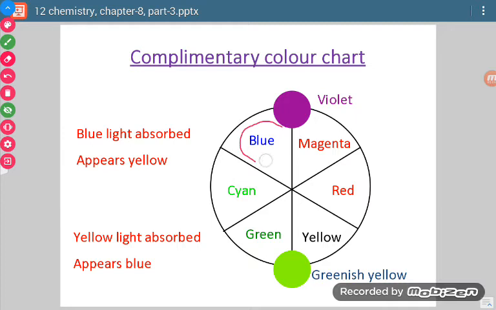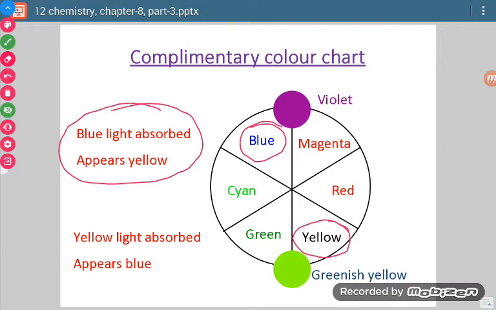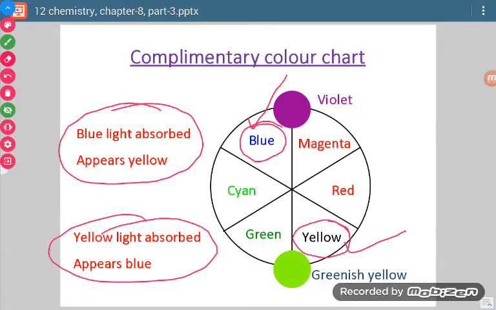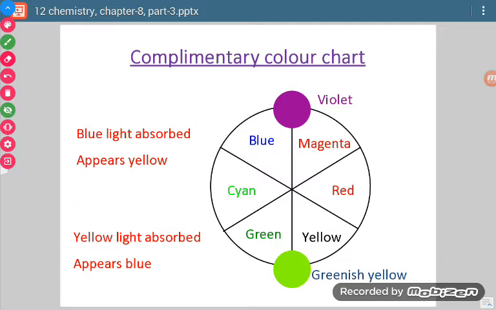Now see, this is the chart. If you can remember this, that will be wonderful. If blue light is absorbed by a substance, what color will we see? We will see yellow. Blue light absorbed appears yellow, and if yellow light is absorbed, it will look blue. This is the chart of complementary colors.